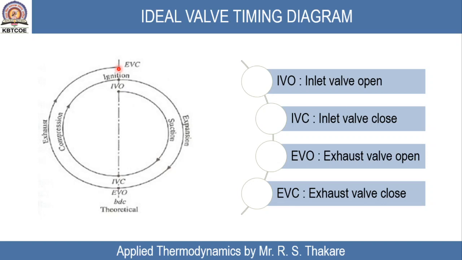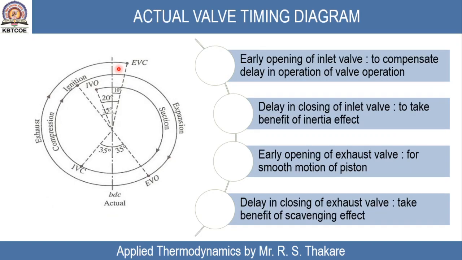So this is the ideal valve timing diagram. It shows you the timing of opening and closing of the inlet and exhaust valves with respect to the position of the crankshaft or the position of the piston. Now let's talk about the actual valve timing diagram.